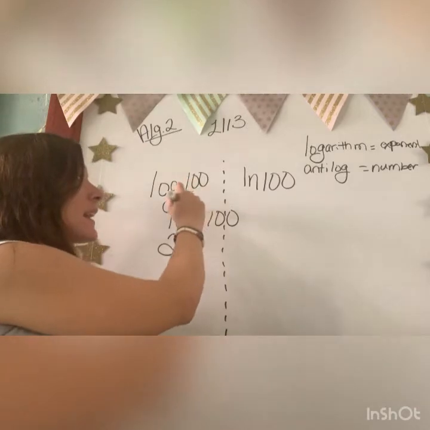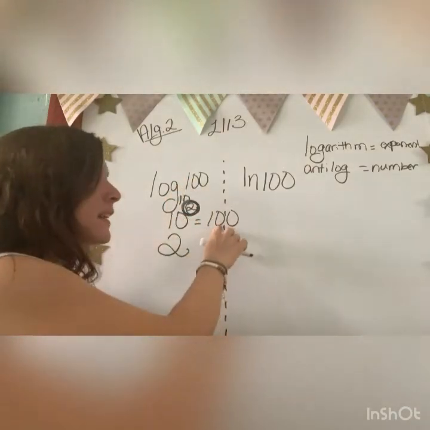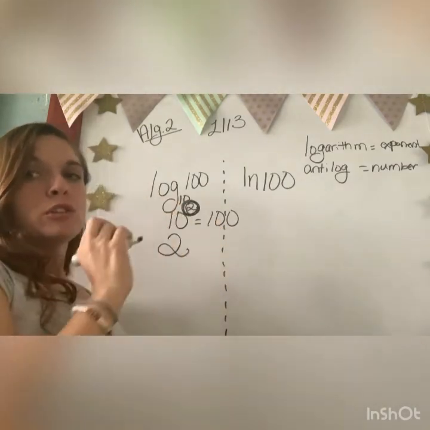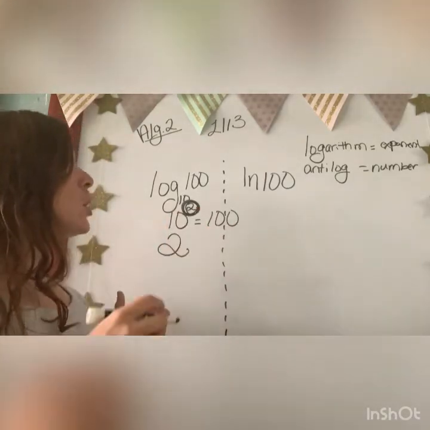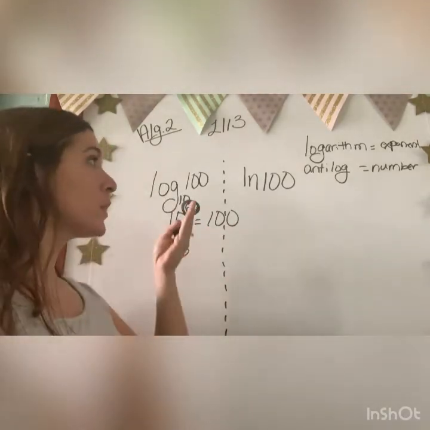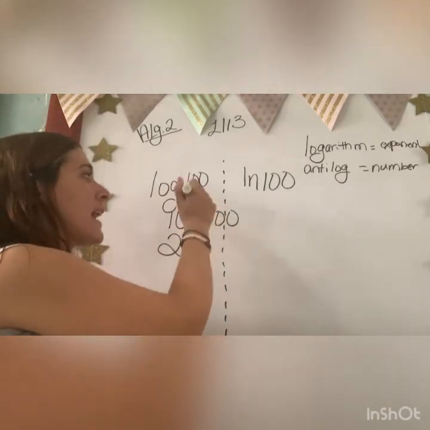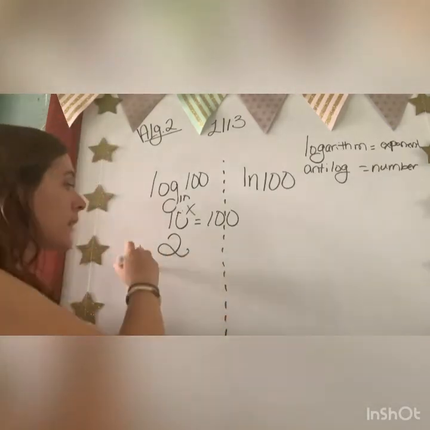So this right here is your log. And this right here is your anti-log. Okay? Because this is the number and this is the exponent. So that's what's happening behind the scenes. When you put in log 100, you're really asking the calculator to find 10 to the what equals 100, okay? Well, you can put it in for any number.